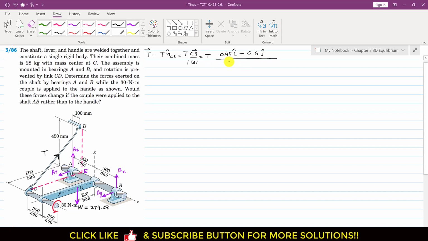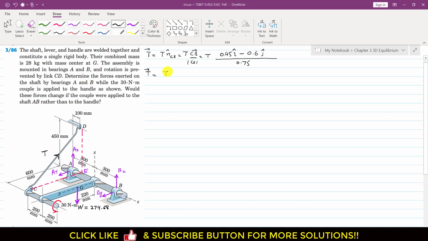0.6 J, and then we will find the magnitude of this vector. When we solve this magnitude, so this magnitude is 0.75, right? So we can write that this is 0.75 magnitude, and now we can write this T vector.